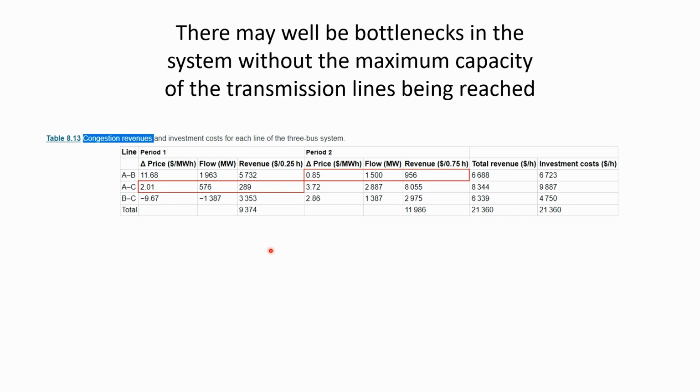Normally we would say, okay, if the transmission capacity is not reached, then the prices in the two areas would be the same. But this is not true when we are also considering the power flows in the system. I will show you this in the next slides.